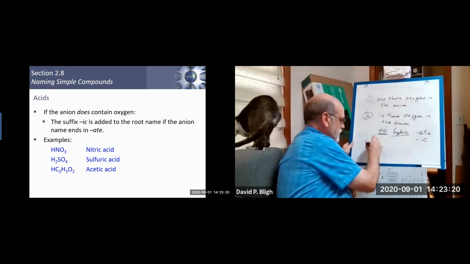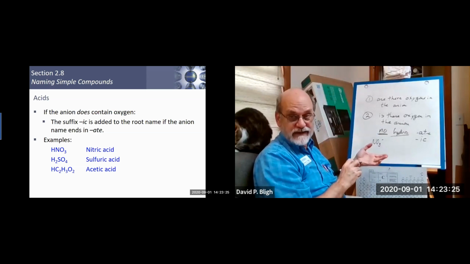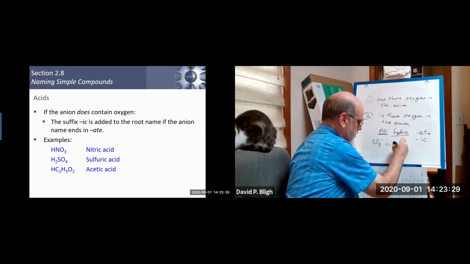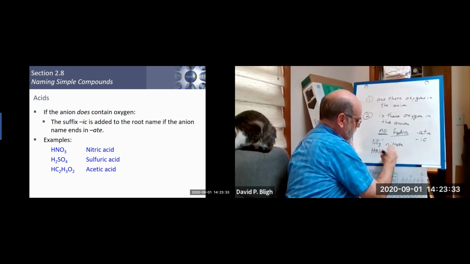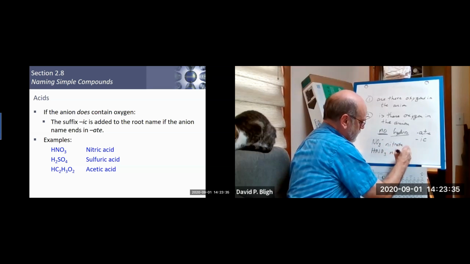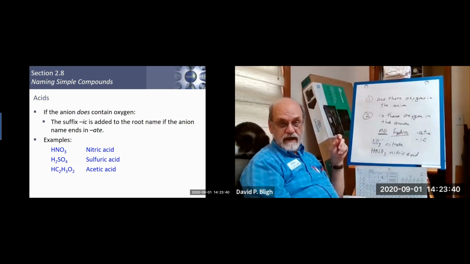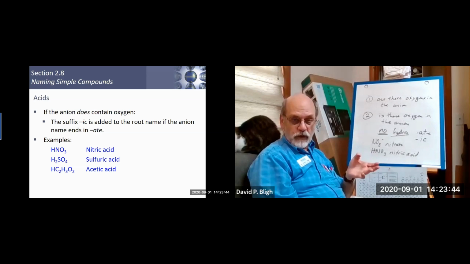So in this case, NO3 minus is nitrate ion. So it becomes HNO3, nitric acid. Okay, ates become ics. Sulfate becomes sulfuric.